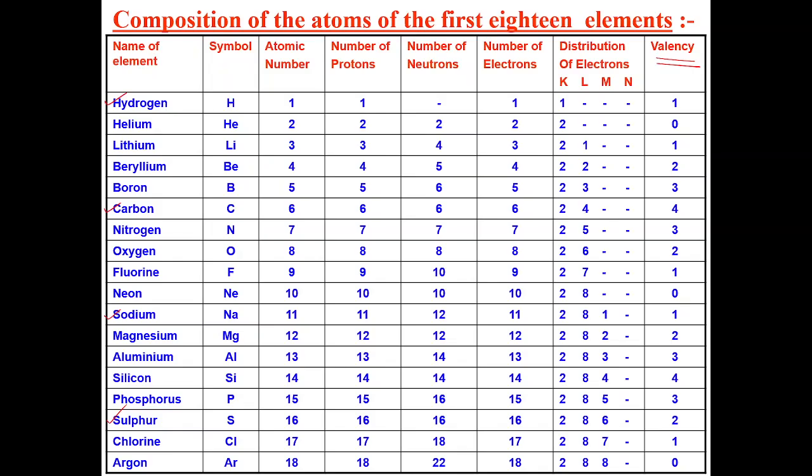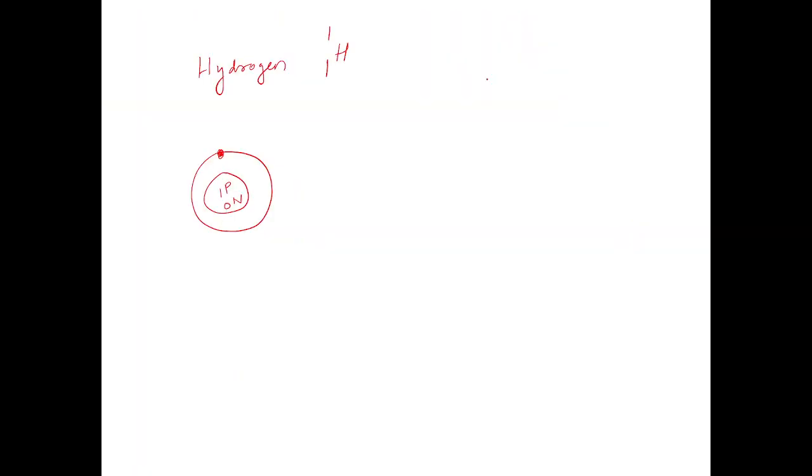Next one, which one have we taken? Carbon. Let us draw carbon. Carbon is C, 12, 6. So 6 protons and 6 electrons, and 12 minus 6 neutrons. Here is the nucleus. You have 6 protons, so you'll put 6, and 12 minus 6, 6 neutrons.